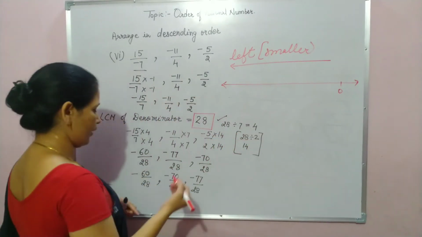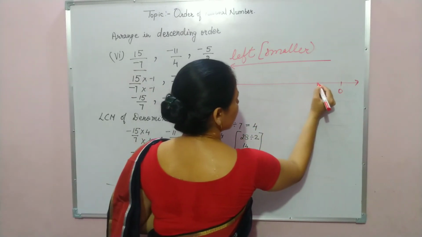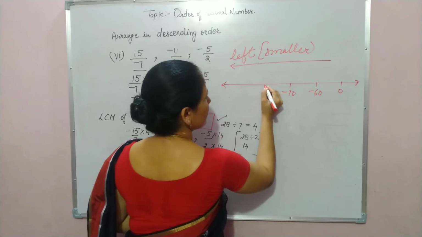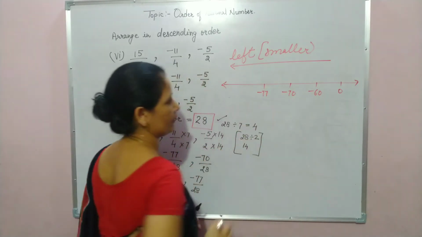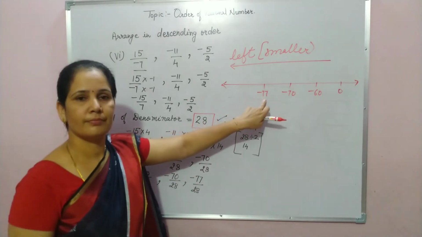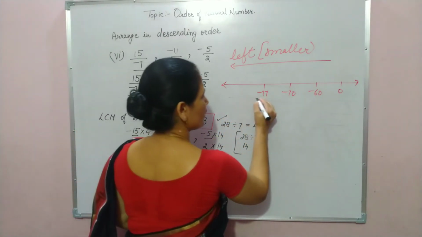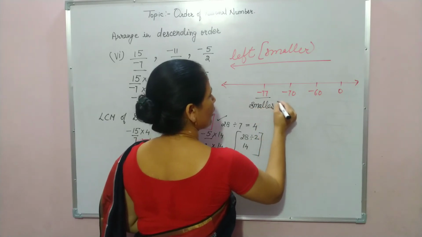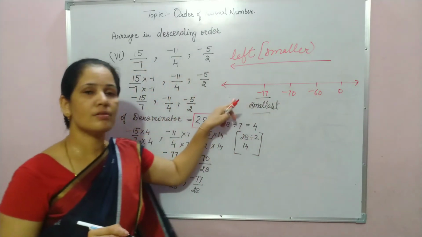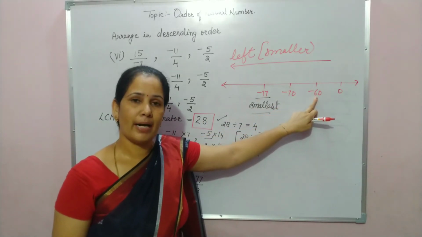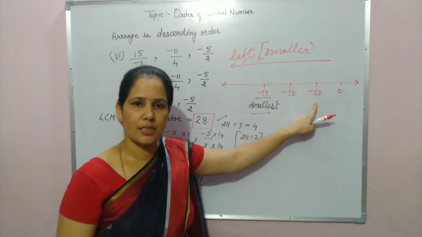For example, if we arrange here, -60 will be here, then here will be -70 and here will be -77. Which number is far? 77. So this is the smallest number, because it is far from 0. And which number is near to 0? -60. That is the biggest number.